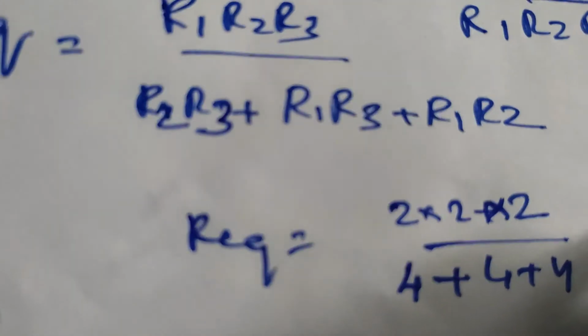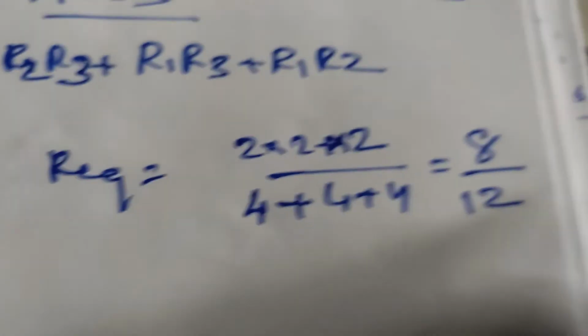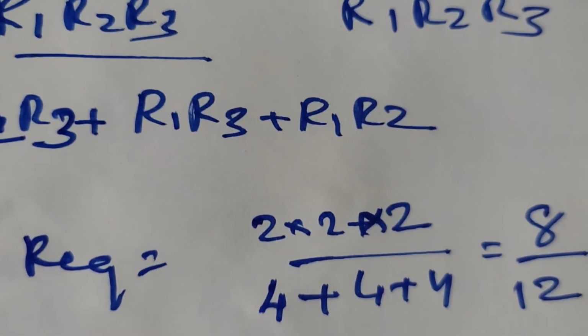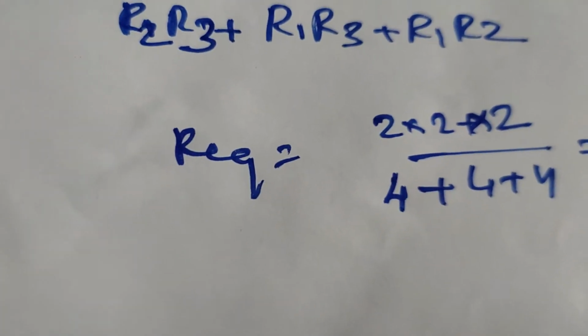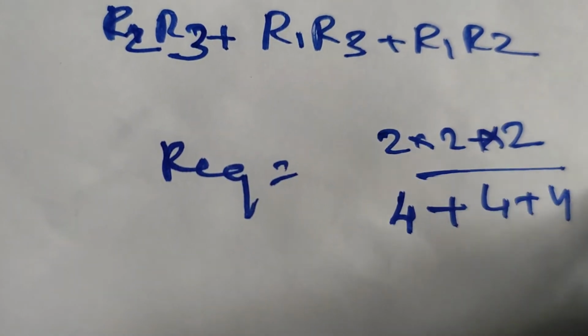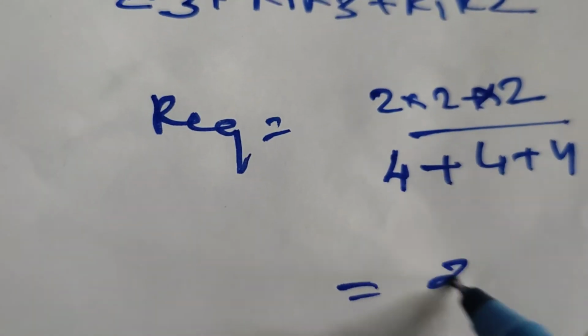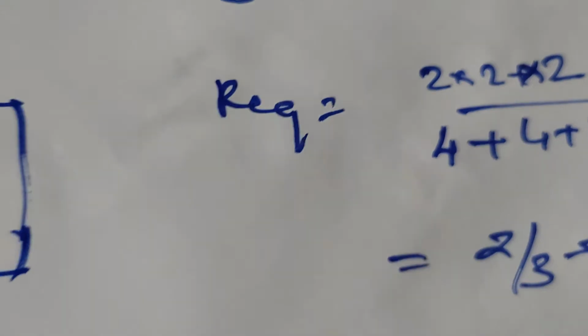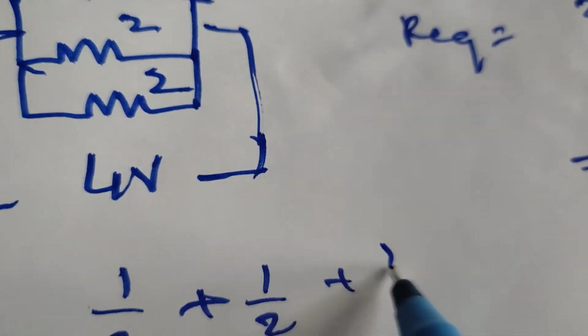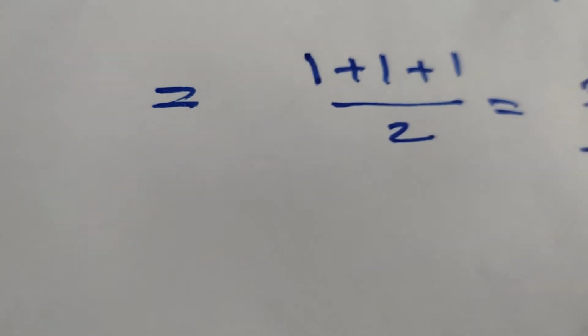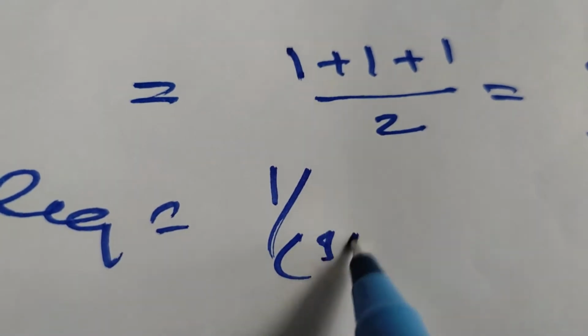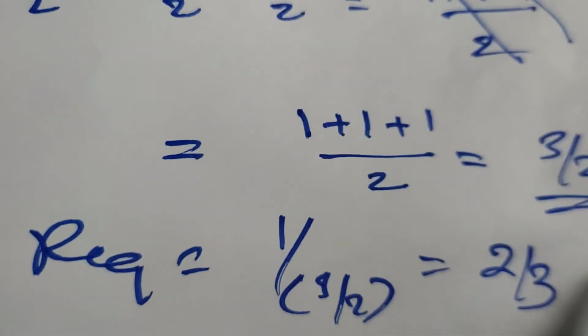So this is 8 by 12, that is 2 by 3. The same as 1 by 2 plus 1 by 2 plus 1 by 2, which gives 3 by 2 for 1 by R equivalent. So R equivalent is 2 by 3 ohms.